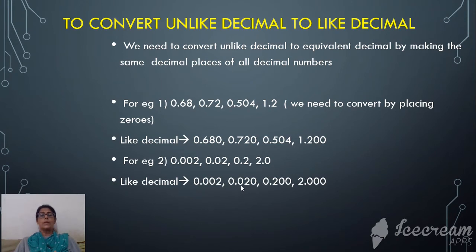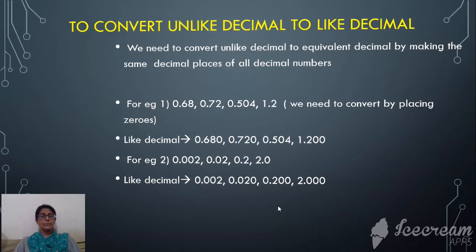So 0.020. Now after the decimal only 1 place is there. So we have to place 2 zeros. So 0.200. And here 0 after the decimal, no places are given. So we have to place 3 zeros: 2.000. Understand, children? So by placing the extra 0 we can convert unlike decimals into like decimals.